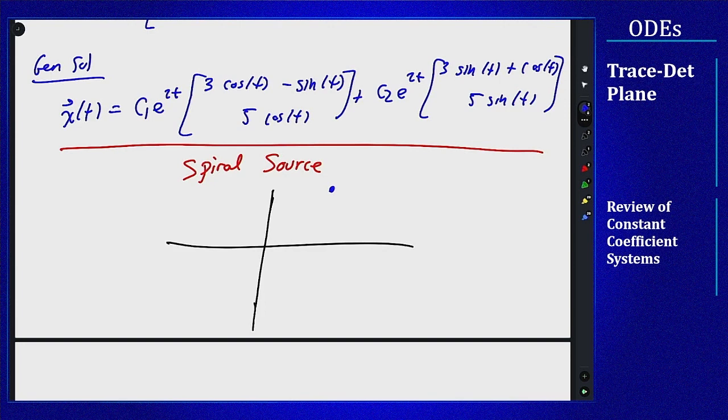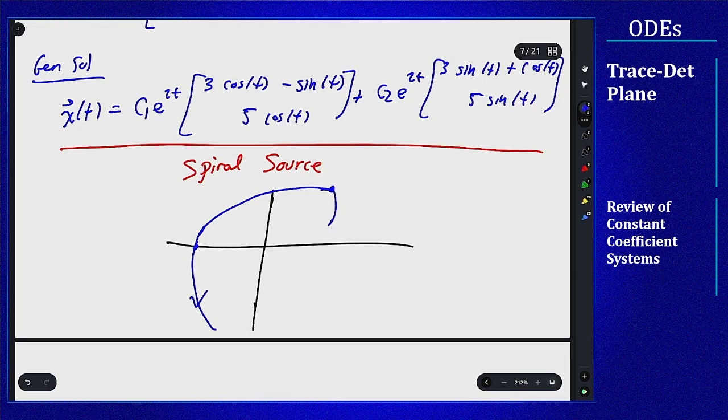Negative 1, 0 is on the x-axis to the left side of the origin, but this is a spiral source, so it won't be at (-1, 0), it'll be at something bigger than that, because we're spiraling away. It'll be somewhere over here, and that will indicate that we're spiraling in this direction as a spiral source. So going backwards would come in something like this.